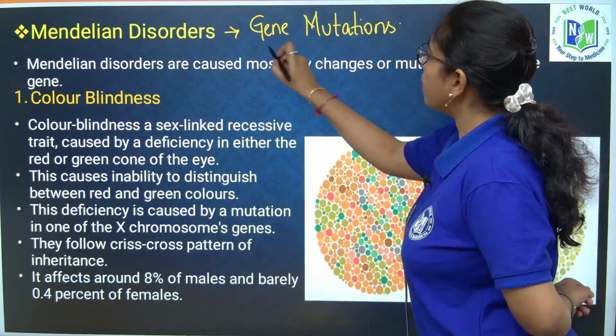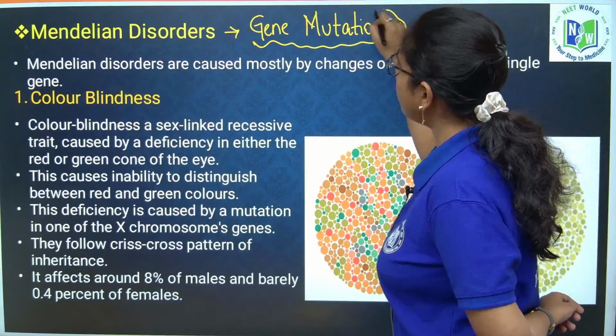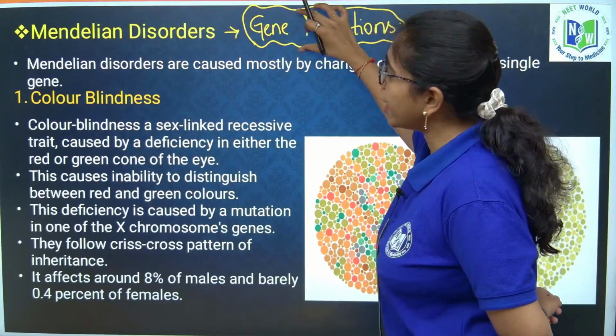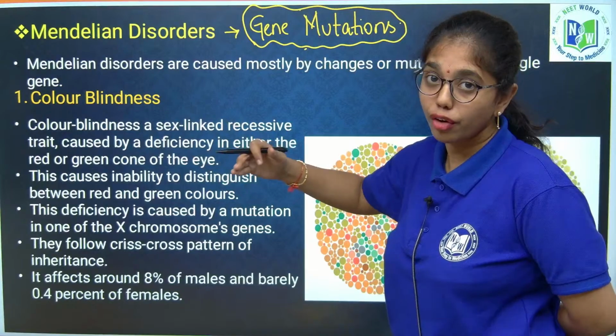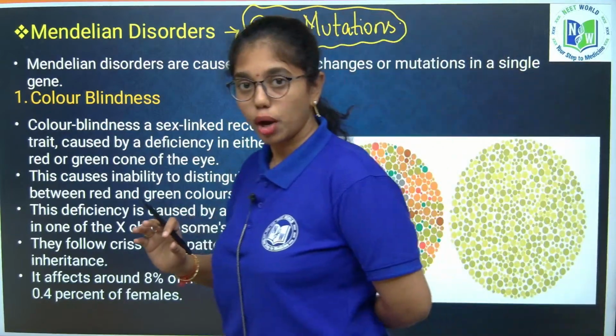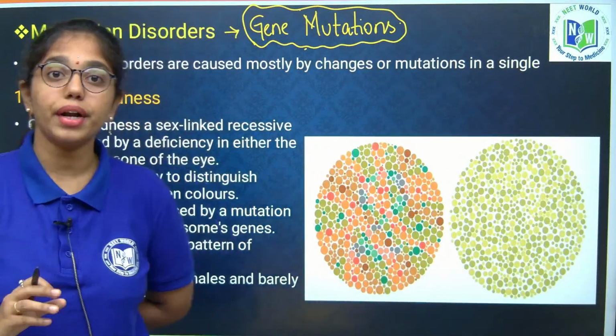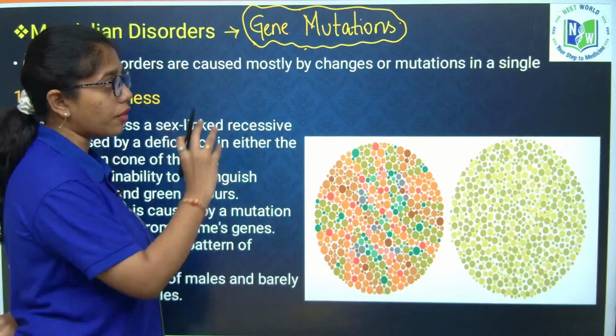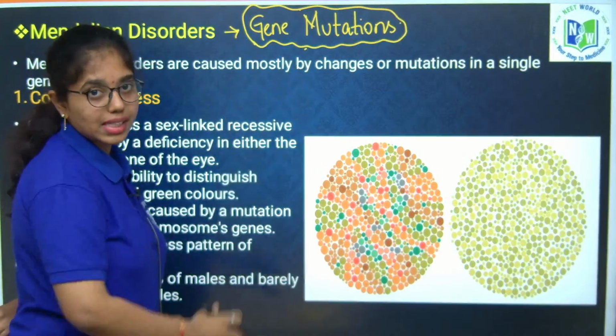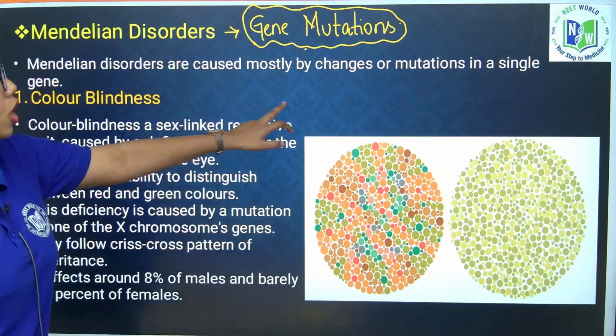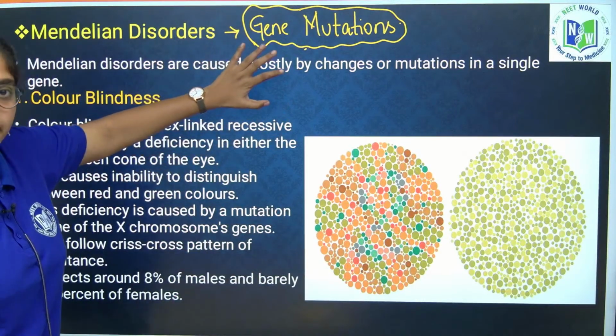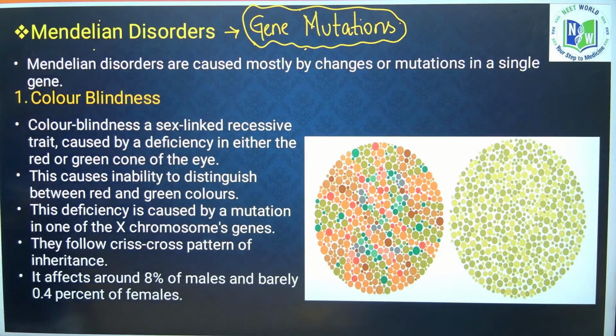Because of this, Mendelian disorders occur and they follow the Mendelian pattern of inheritance. The law of dominance, law of segregation and law of independent assortment are all followed, and the traits pass on in successive generations. So they are said to be Mendelian disorders.